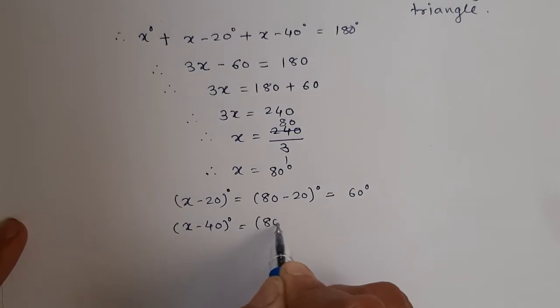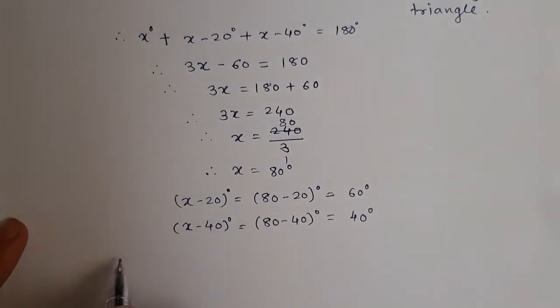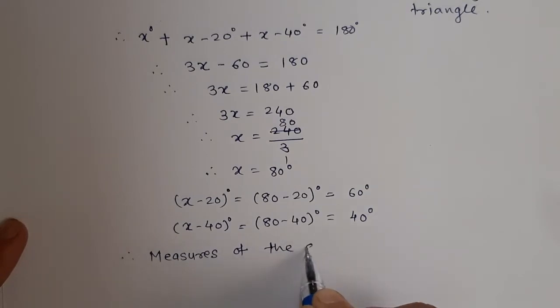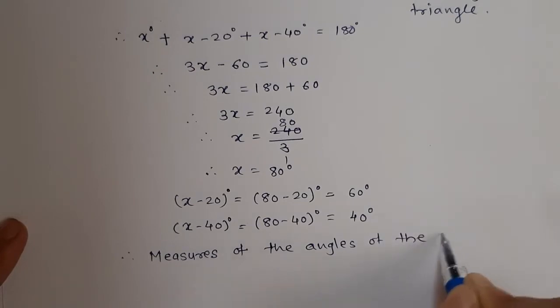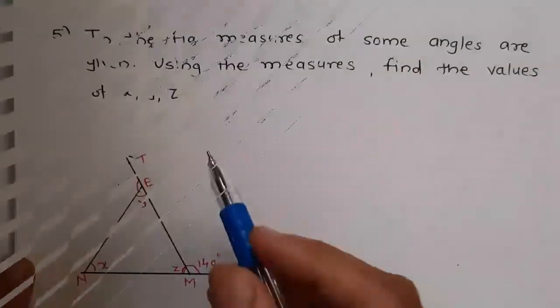That means 80 minus 40 equals 40 degrees. So the measures of the angles of the triangle are 80 degrees, 60 degrees and 40 degrees. Okay, got it everyone? Now we'll discuss the next sum.